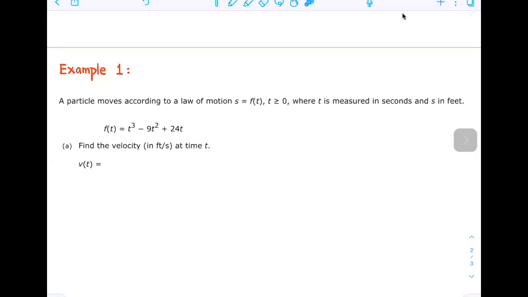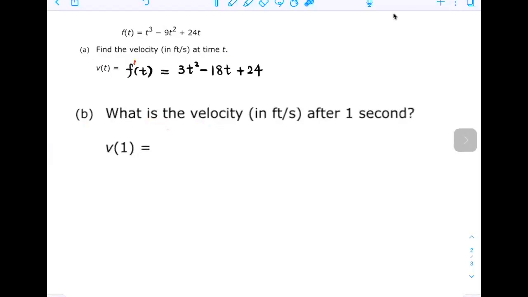We know the velocity function is the derivative of the position function. So v of t is equal to the first derivative of this position function with respect to time t, which is equal to 3t squared minus 18t plus 24. Part B. What is the velocity in feet per second after 1 second?